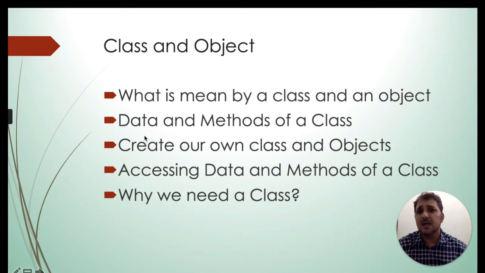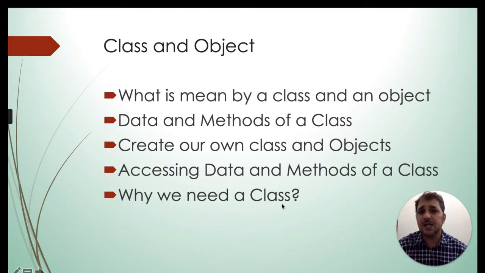And data and methods of a class, creating our own class and objects, we will do practically. And then accessing the data and methods of a class: different ways to access, how to access from one class to another class, how to access from outside of the class. All these aspects of classes and objects, we will go through in detail.